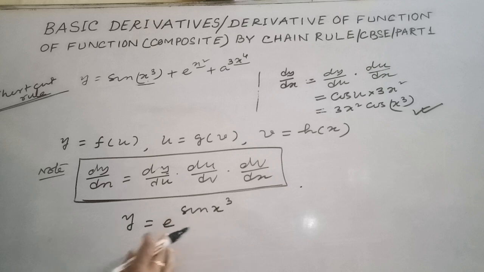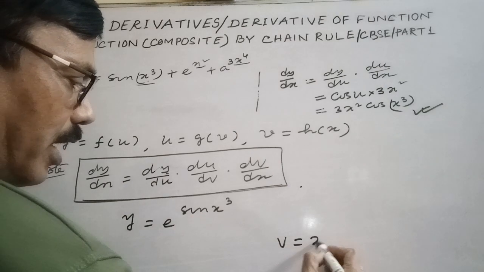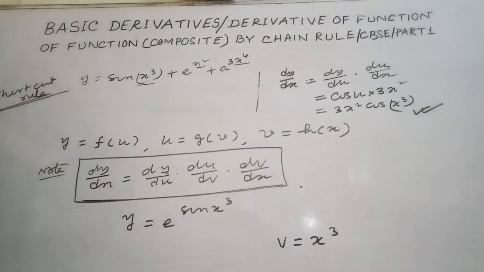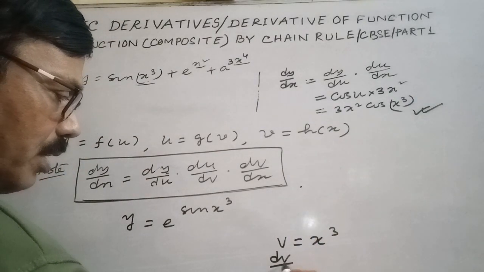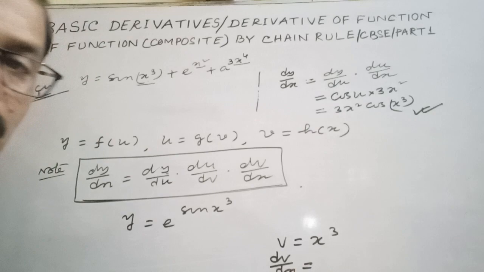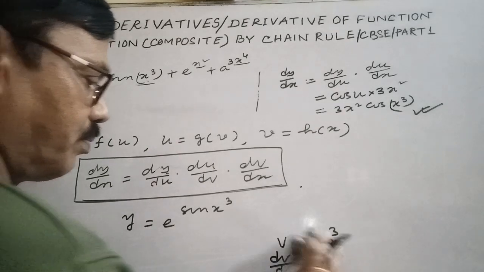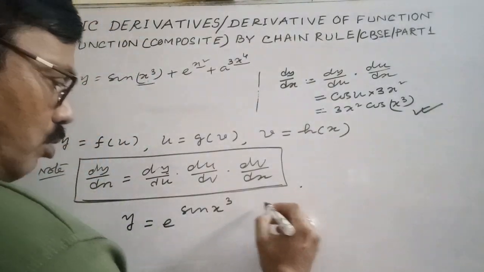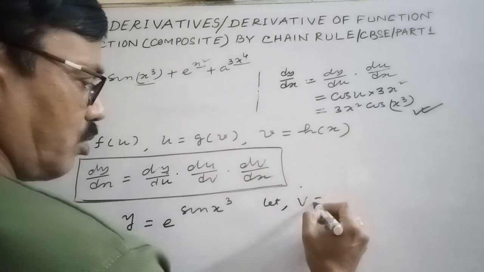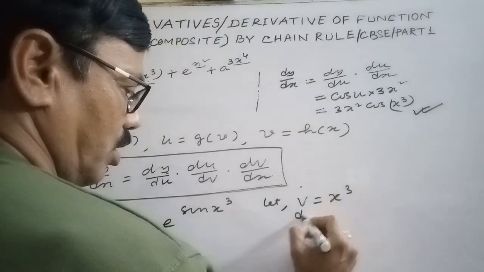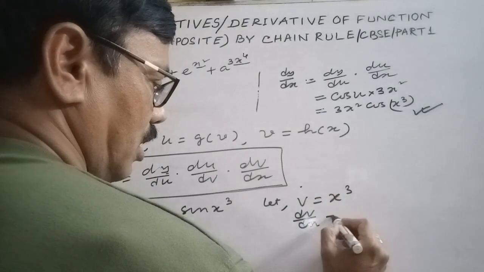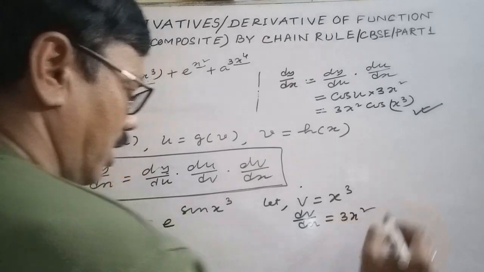So, let v equals x^3. So, dv/dx equals 3x^2.